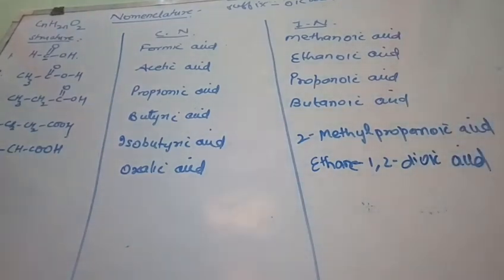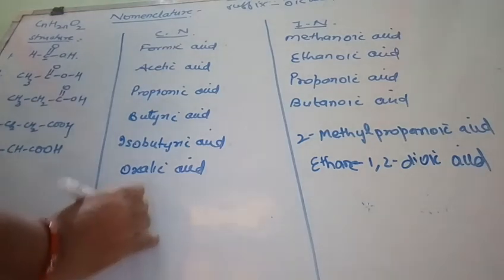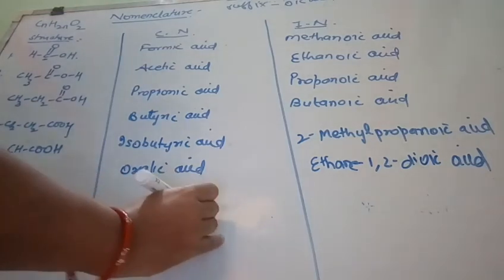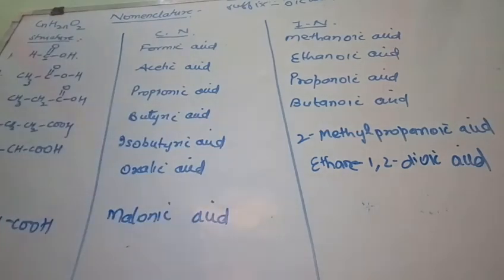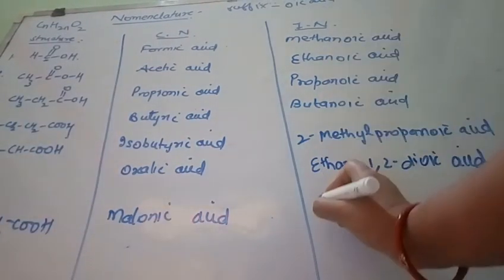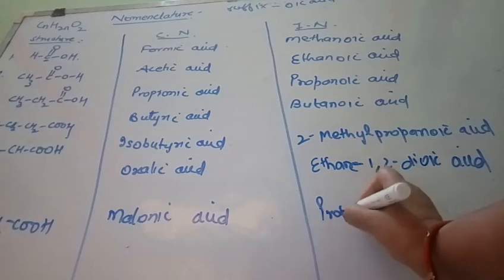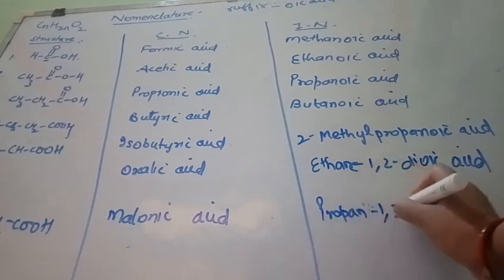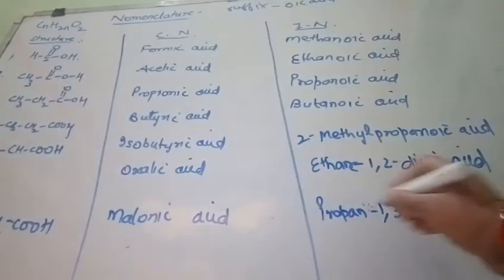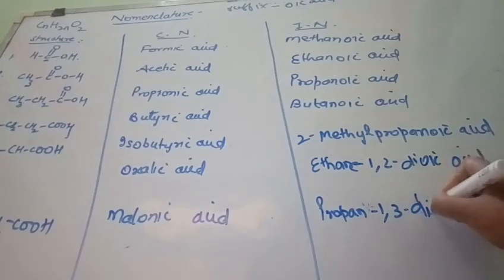Right. Now the next one is known as malonic acid. Malonic acid. Its IUPAC name will be propane 1,3, because these are 1,3 positions, dioic acid.